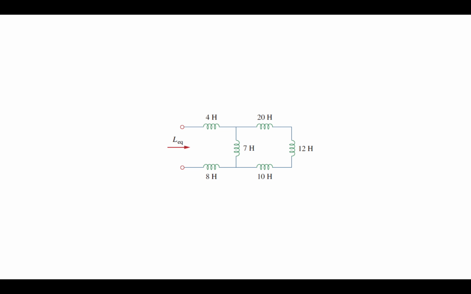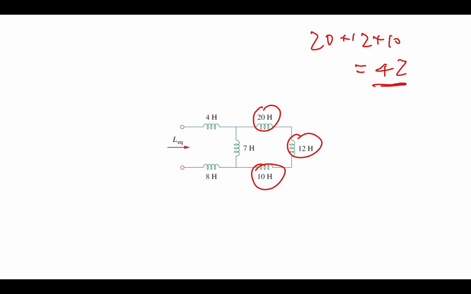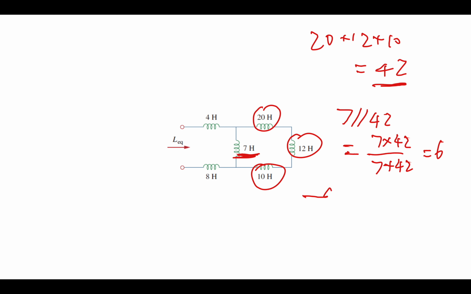To obtain the equivalent inductance of this circuit, we know that this 20, 12, 10 are in series, so that 20 plus 12 plus 10 equals 42, and then this 42 is in parallel with this 7. 7 in parallel with 42 equals 6, so that the circuit becomes like this one, 4, 6, 8, the LEQ.